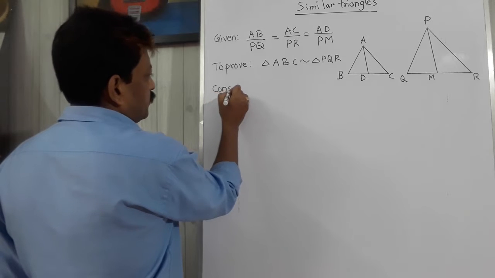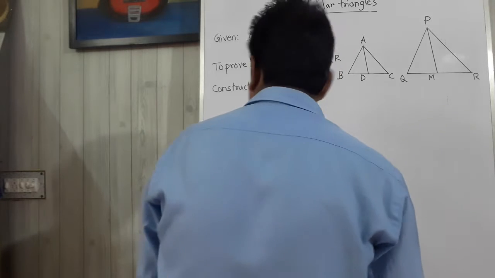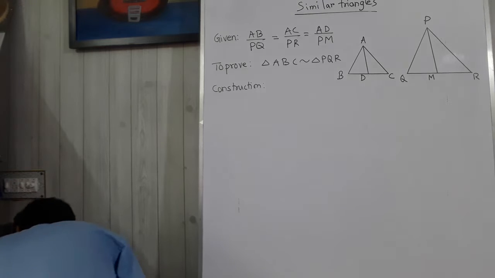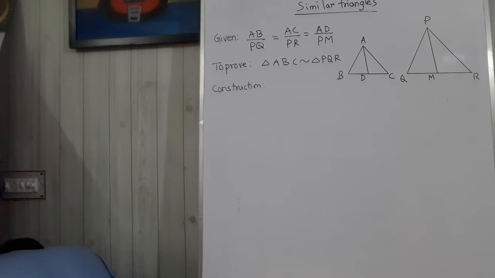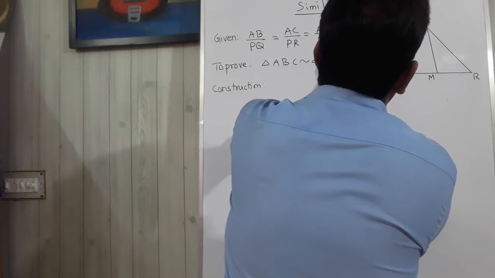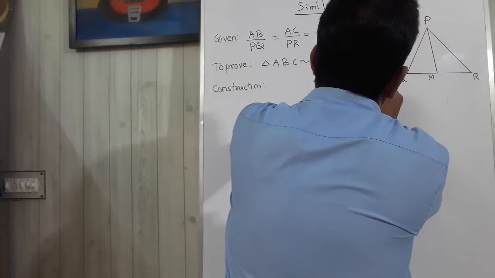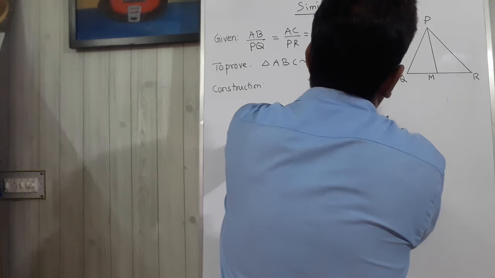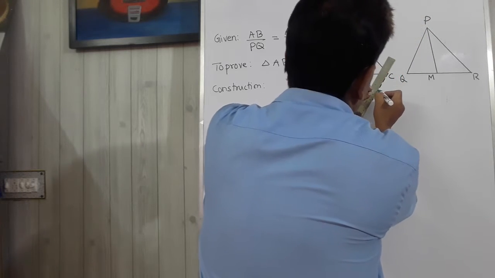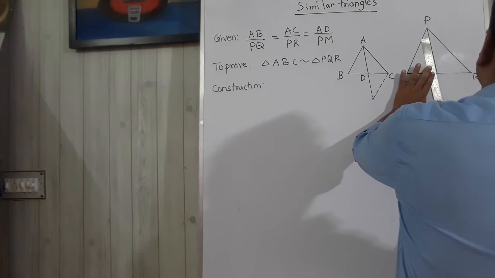So there is a construction. We have to increase the length. We have to extend the side AD. Similarly, we have to extend PM also.